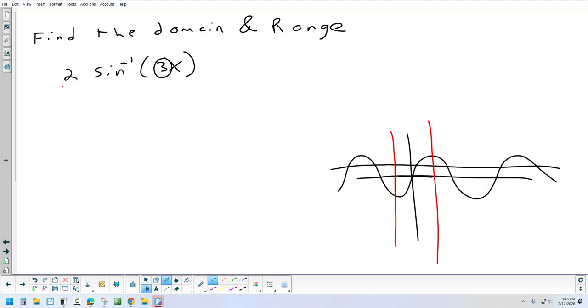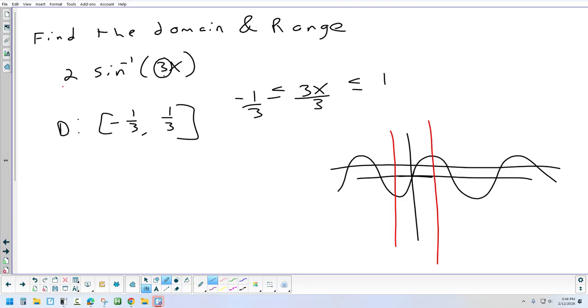Yep, -1/3 to 1/3. The long way to figure it out that I showed you, if you don't remember that: you put the argument in the middle, set up a compound inequality with the originals on the left and the right, and then you solve for x. People remember that for Monday? Then you divide everything by 3. Gets you the same result we just got, -1/3 to 1/3.